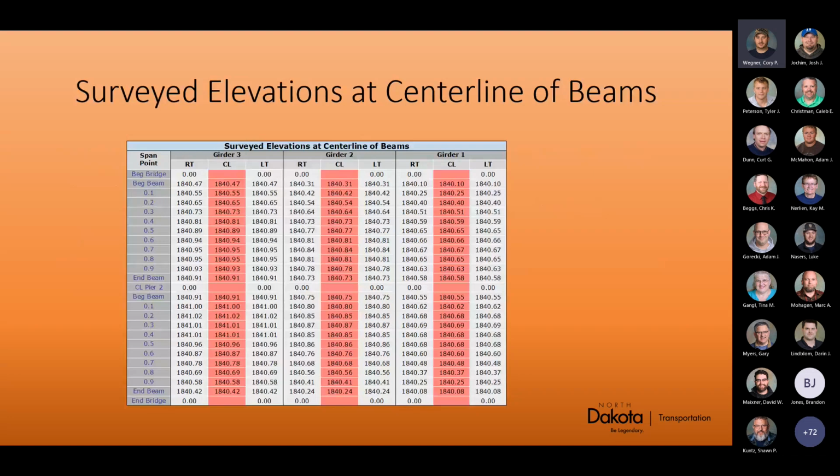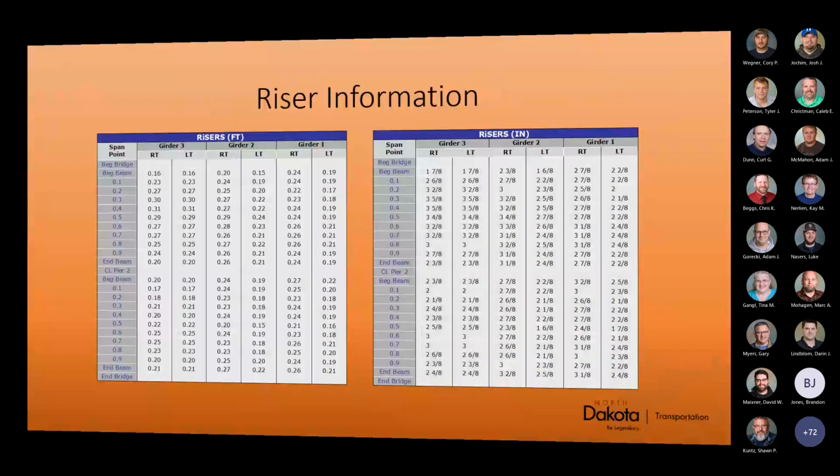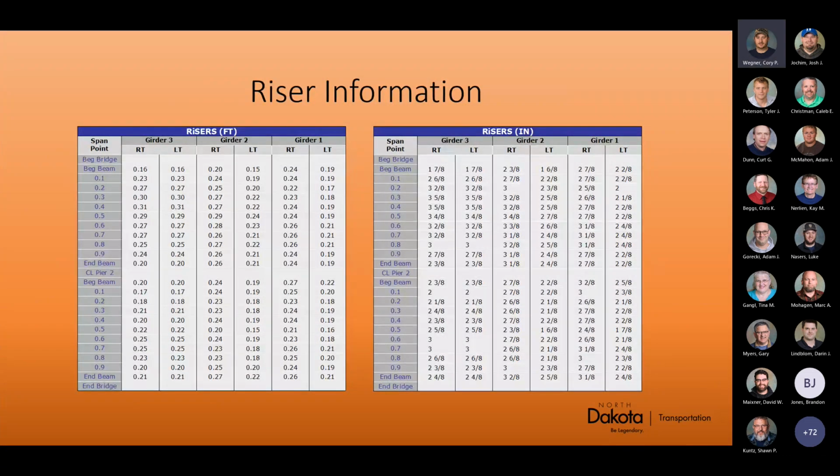Like I said, it's your most accurate way. And then here's your risers. Risers are, you calculate them taking your screed elevation, subtracting your beam elevation and the thickness of your deck. Gives you your riser information.